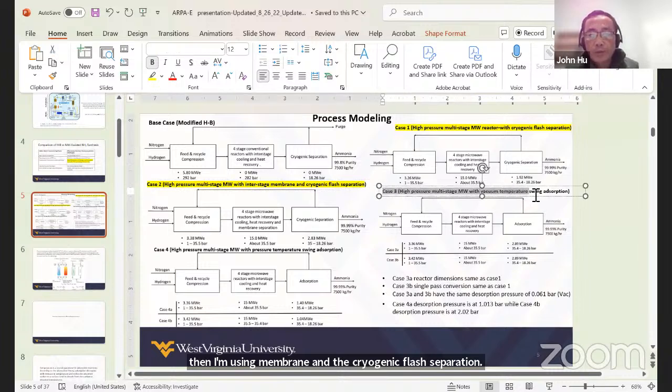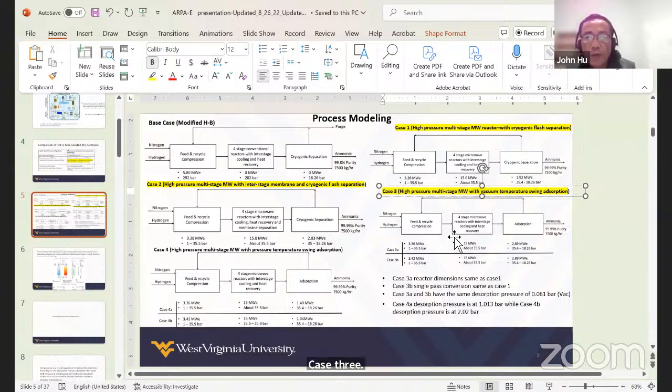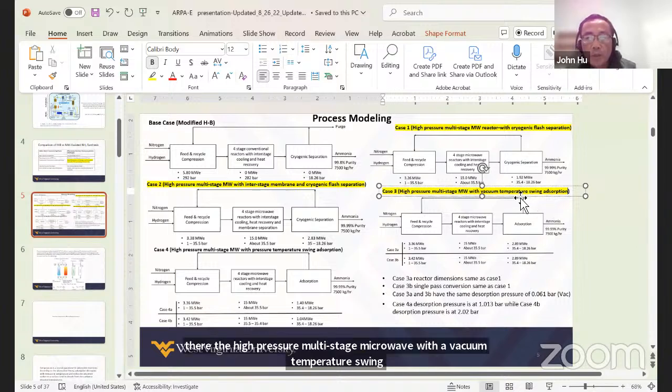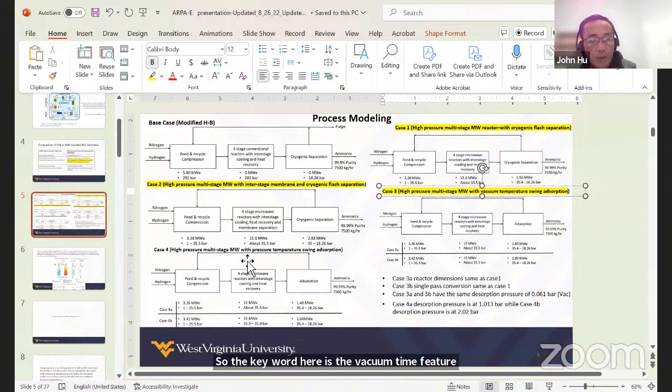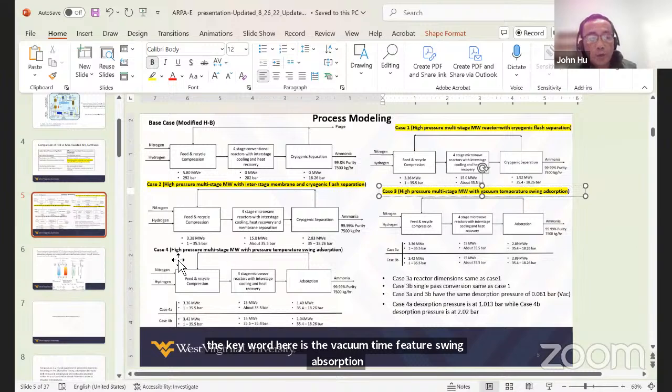Case three is the high pressure multi-stage microwave with a vacuum temperature swing adsorption. The keyword here is vacuum temperature swing adsorption. So that's so many cases. I don't want you to remember all that, but I'm going to show you one by one.